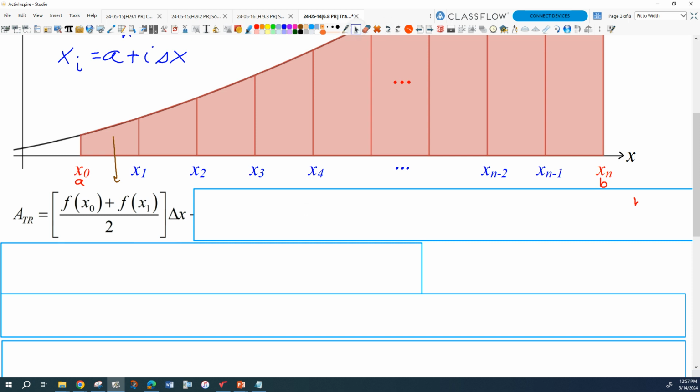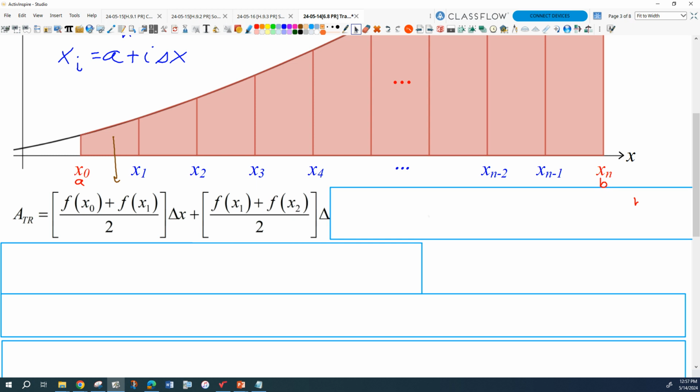So there's my second one. What's the third one going to be? f of x sub 2 plus f of x sub 3, those are those heights, divided by 2 times delta x.